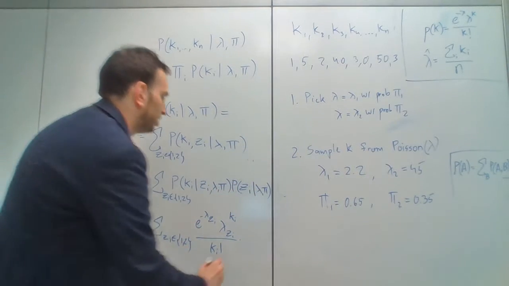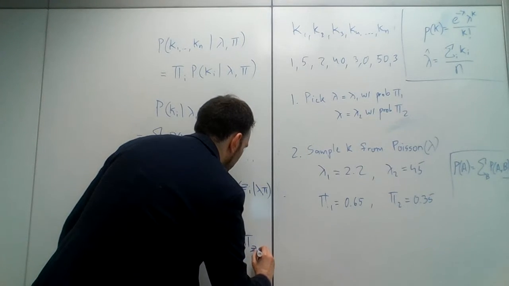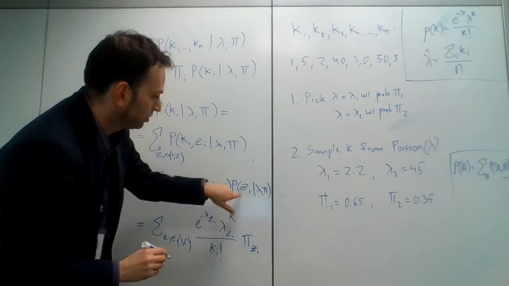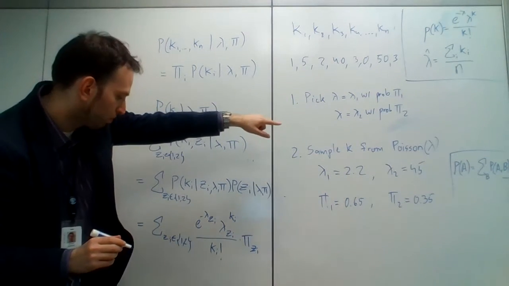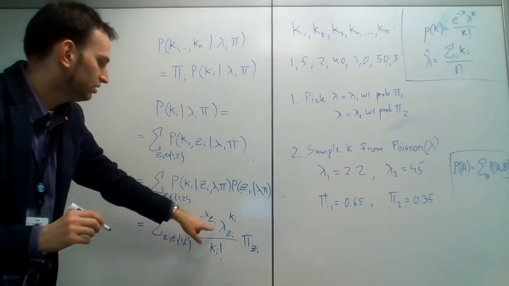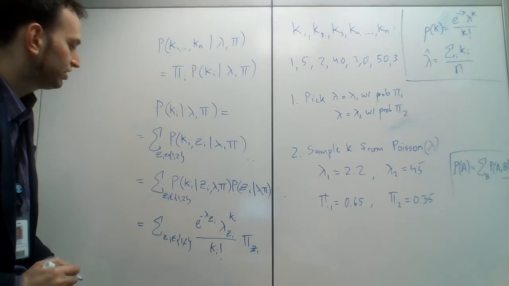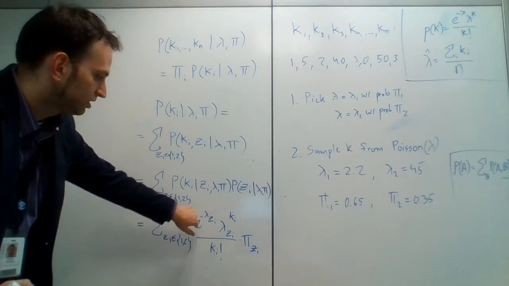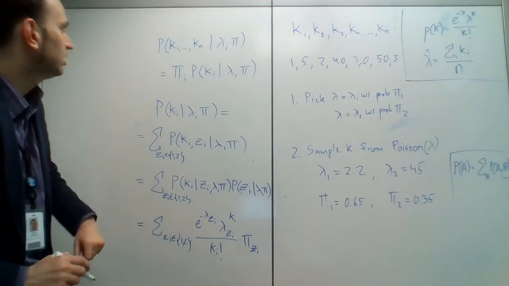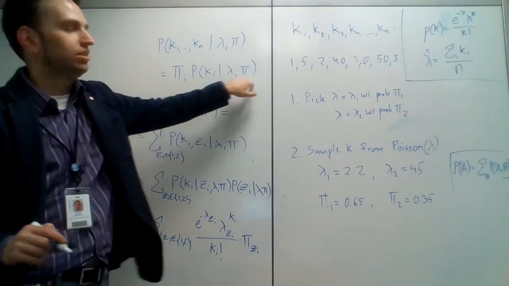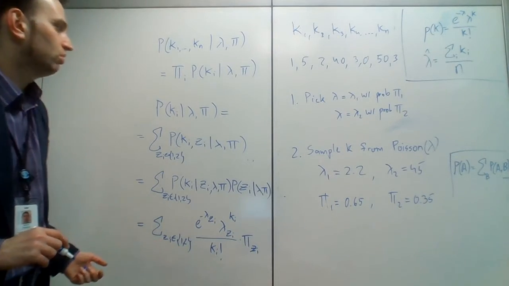So this is just pi zi, so you use the zi to pick out one of pi 1 or pi 2. And then you just sum over those guys, and that's your answer. You don't know the z, so you just sum over it. And of course, in order to get the total probability, you need to multiply all of those guys together.